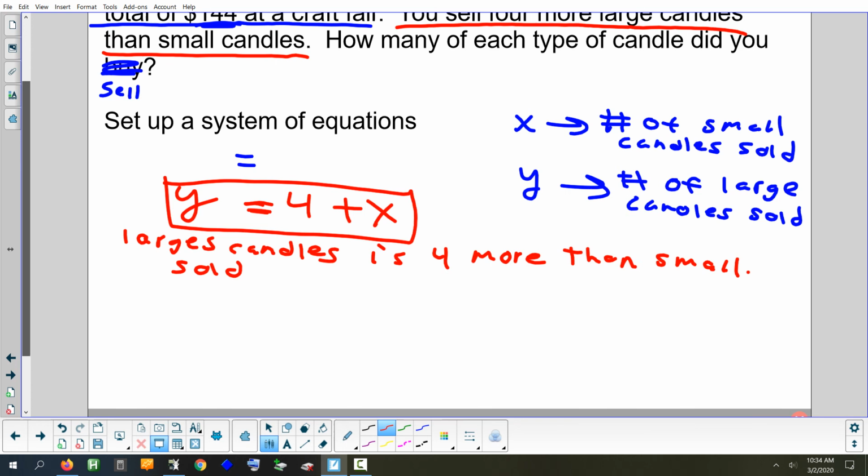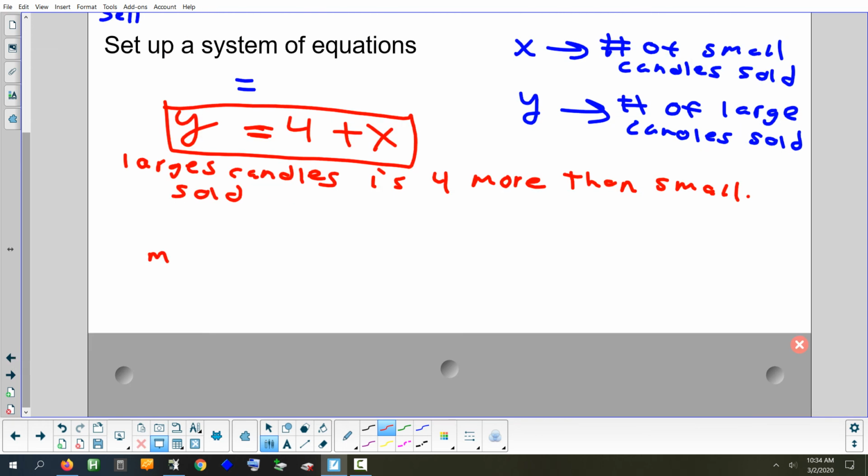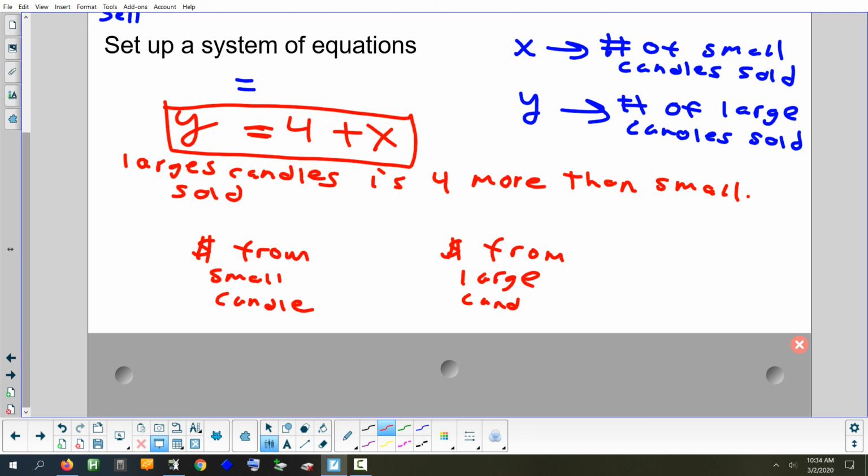You're selling 2 things. So let's write it like this. Money from the small candles you sell. Take the money from the large candles you sell.